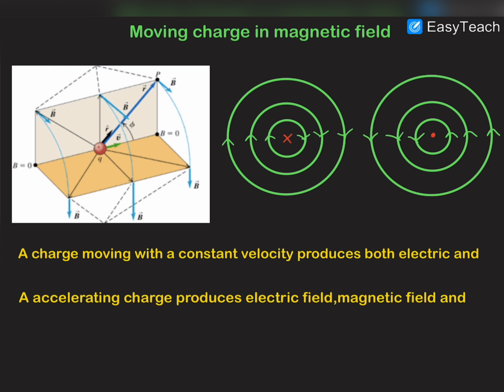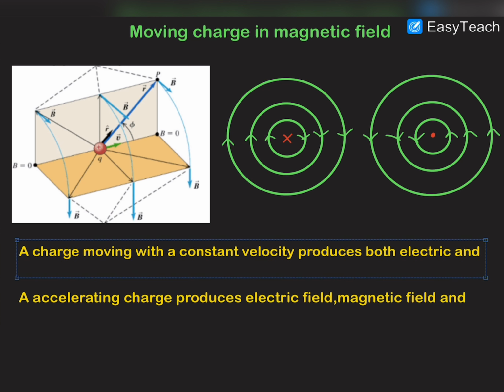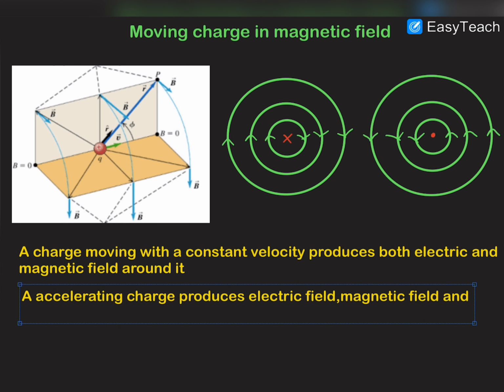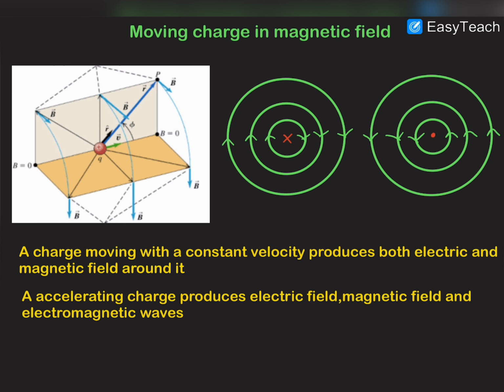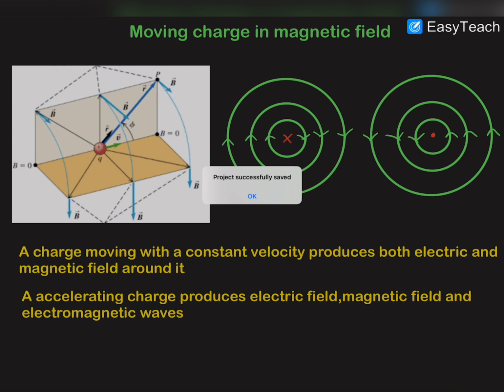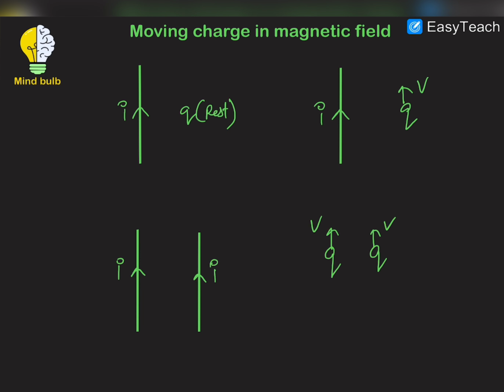A charge moving with a constant velocity produces both electric and magnetic field, and a charge moving with some acceleration produces electric field, magnetic field, and electromagnetic waves around it. But in this chapter we have to deal with magnetic fields only.